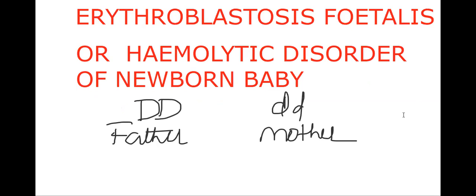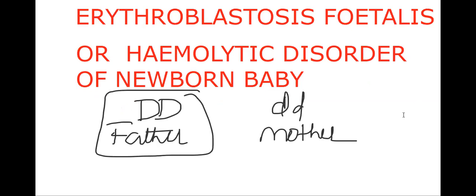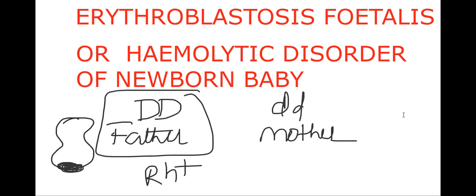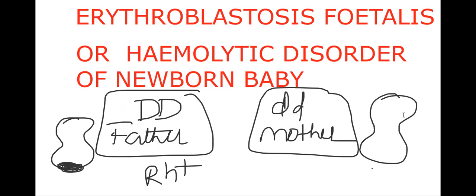That means on his RBC, that particular factor is present, Rh positive. The mother is Rh negative. On her RBC, that factor is absent, so we call her Rh negative. This is the incompatible marriage. Let us prove this.